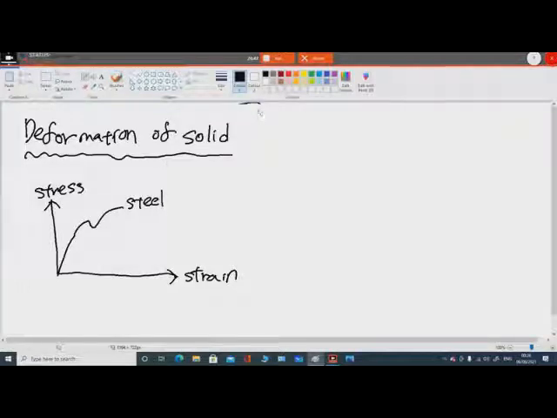Let me use another color. This one should be copper. This one shall be glass.